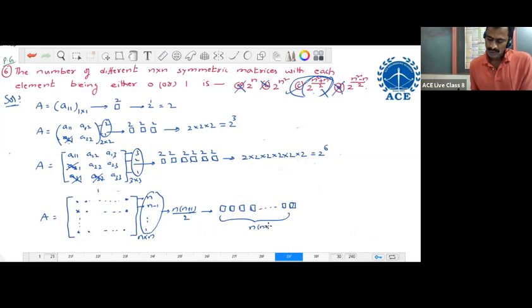So 2 into 2 into and so on into 2 equals 2 power n into n plus 1 by 2.